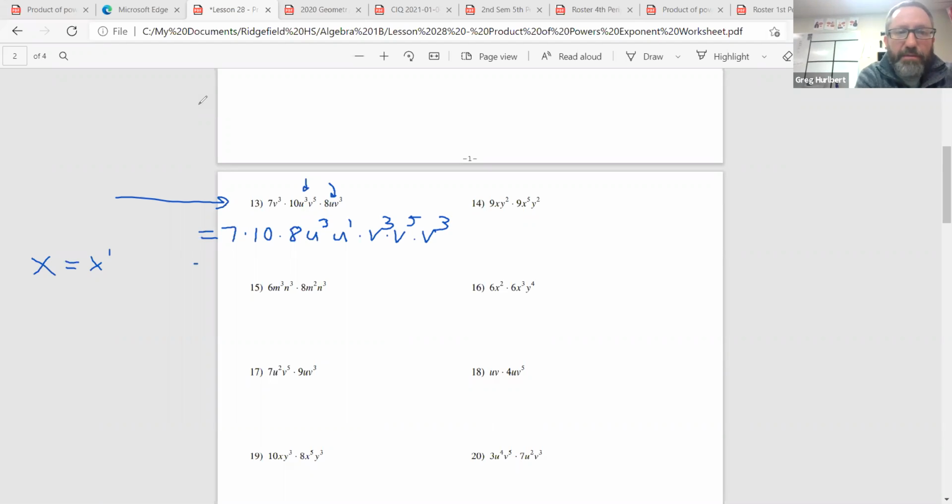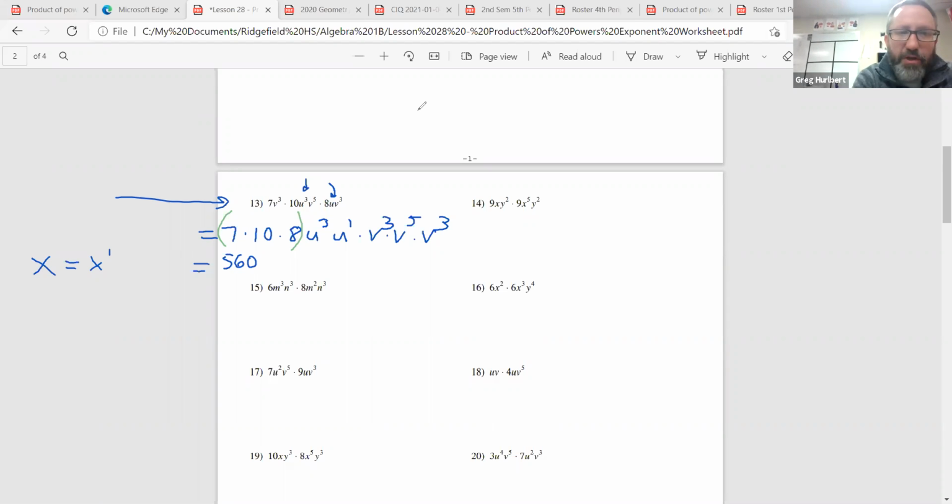So we're going to have 7 times 10 times 8. Now, you can get a calculator, or if you do 7 times 8, that's 56. And then times 10, that's 560. You can check my work with a calculator. That's all the number part. So I did all the number part together.